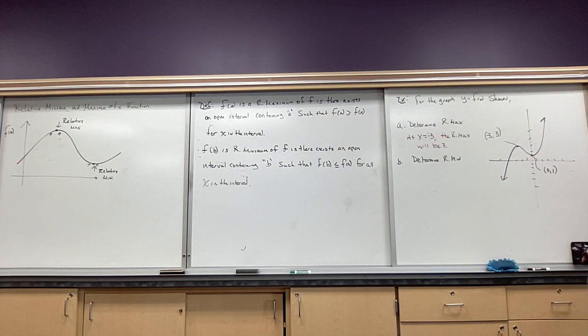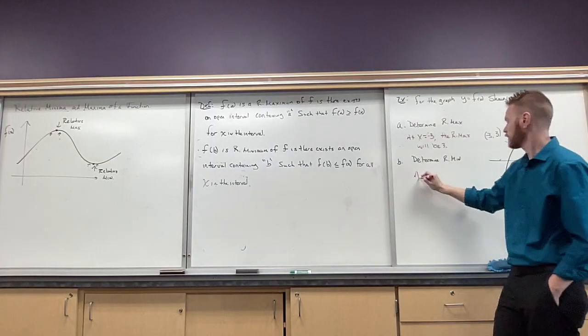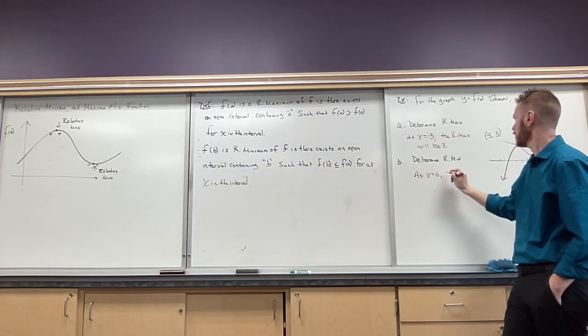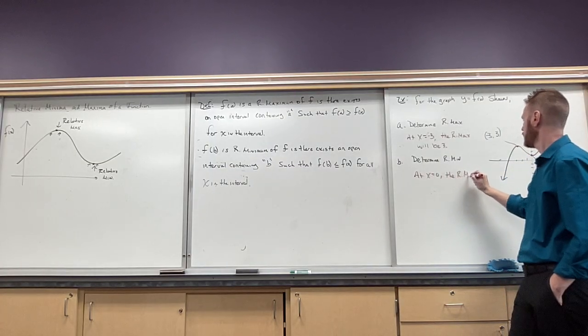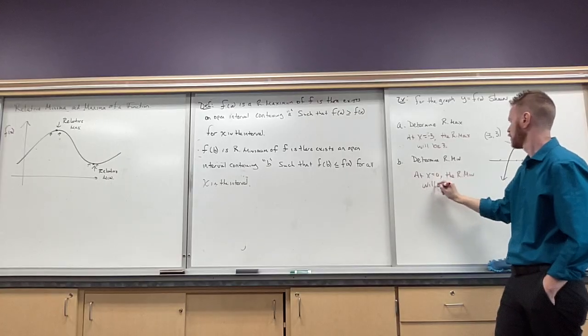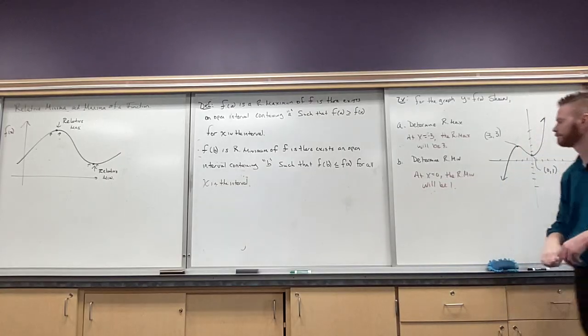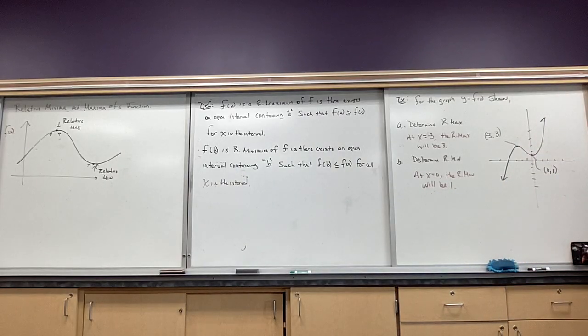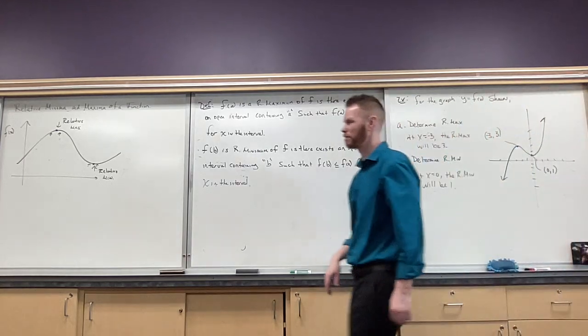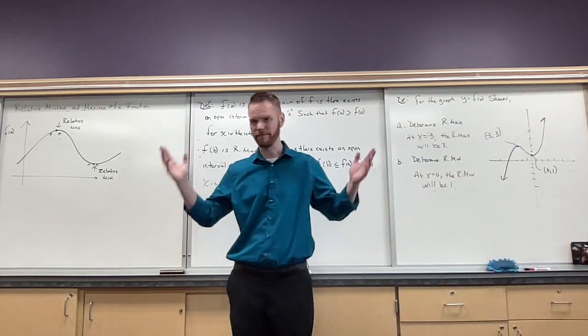Okay, and then for relative min, kind of the same thing. This is the lowest in between the end behaviors that we see. So at x equals 0, the relative min will be 1. Okay? Talk about last second. Sorry about that for rushing at the end. Alrighty, another lesson done.